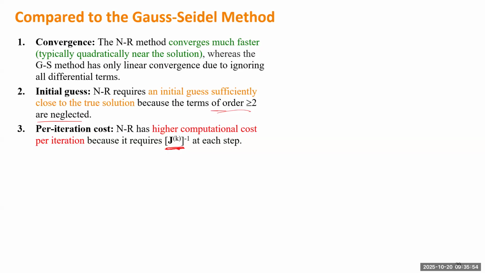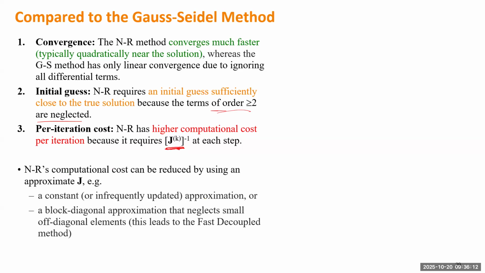So this introduces a lot of computational effort. To summarize, the Newton-Raphson method can converge faster, but it needs more computational cost at each iteration. So it may need only a few iterations, but each iteration is more expensive.